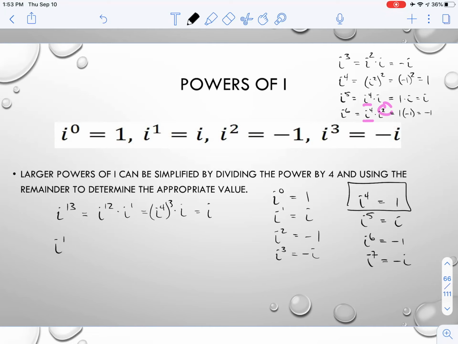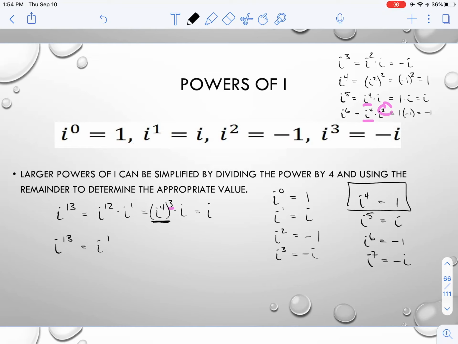Or I could have said, well, I've got i to the 13th. 13 divided by 4. 4 is going to go into 13 3 times with a remainder of 1. The remainder is the only part that really matters, because the number of times it divides is going to be right up here in the exponent. It's i to the fourth to the number of times it divides power.